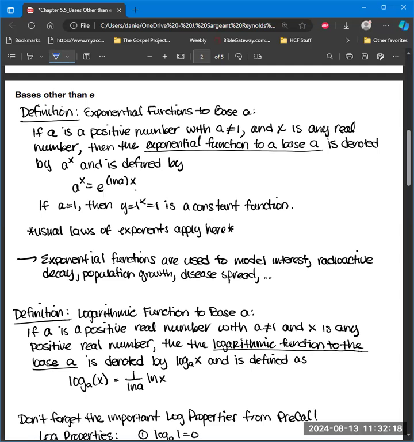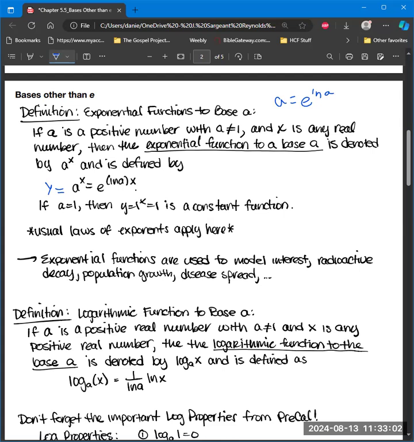So if a is a positive number with a not equal to 1, and obviously we don't want it to be equal to 0 either, and x is any real number, then the exponential function to a base of a is denoted by a to the x and is defined by f of x or y equals a to the x, and we can rewrite that a as e to the ln of a, since we know a is going to be equal to e to the ln of a. The ln and the e will undo each other and leave me with the a.